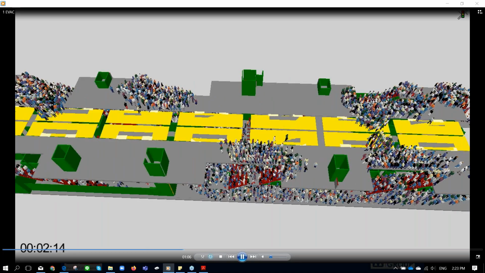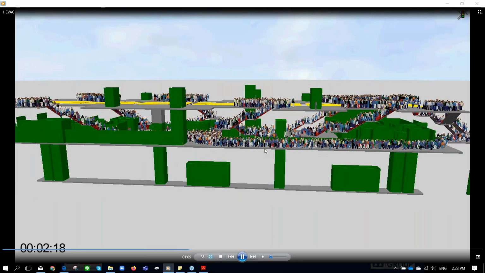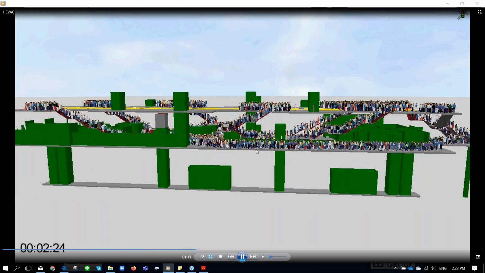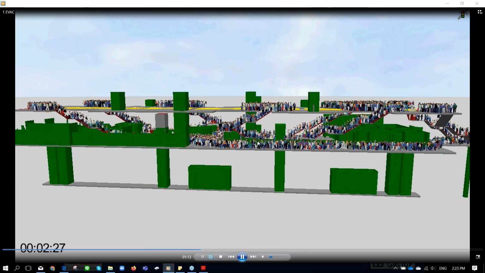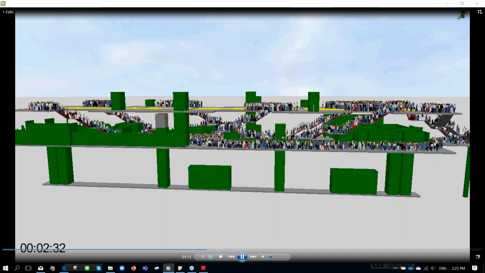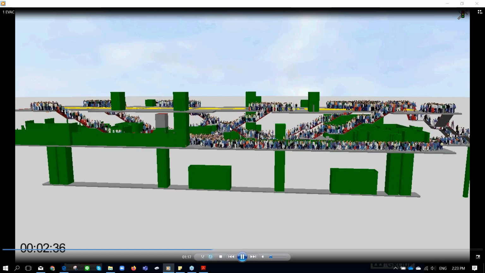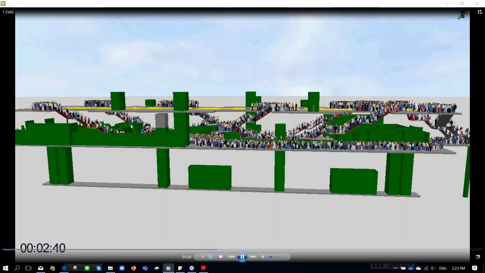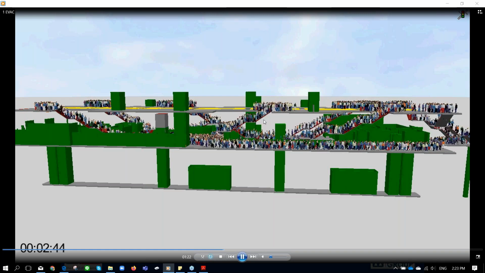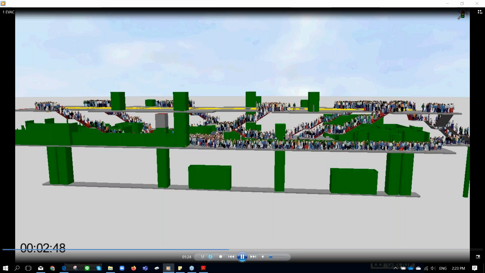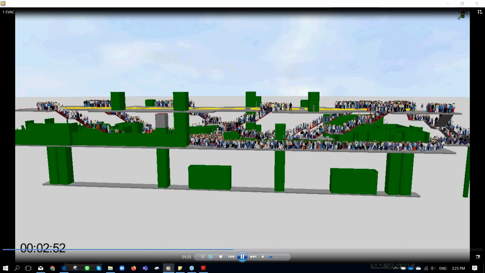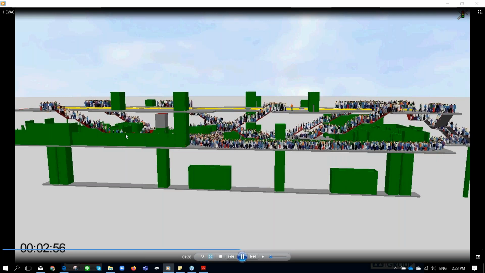Like you can see every turn of the station at the staircases, something like that. And in real life, PTV Viswalk reacts with very realistic behavior. For example, you can see this staircase is U-shaped, and this one is a straight shape.